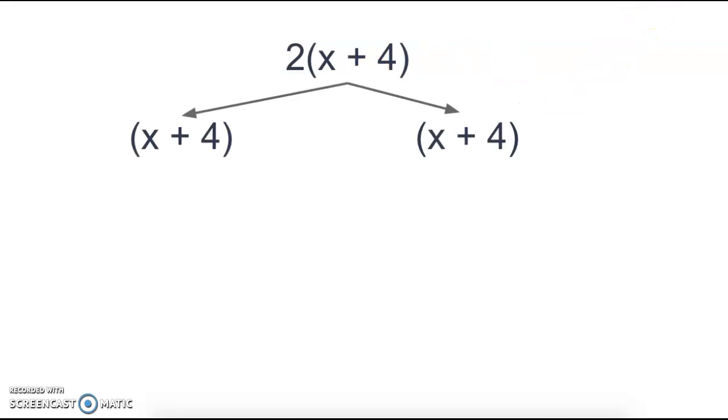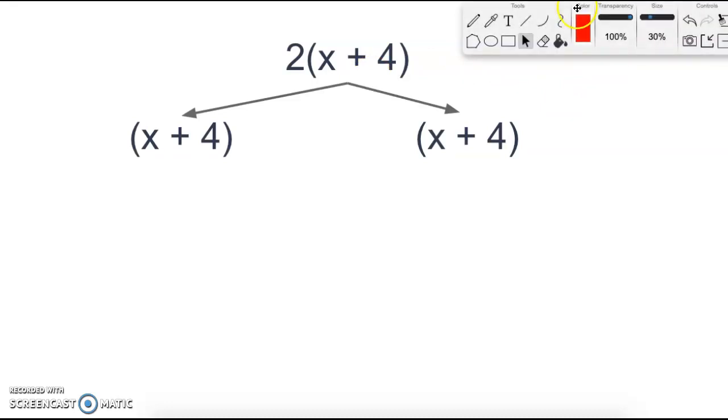Now, for those of us that are still kind of getting used to the variables and the constants, we can still use a picture to help ourselves with these problems. And how I would do that is for x plus 4, I have an x, and I have 4 positives. And then over here, again, I have an x, and I have another 4 positives.